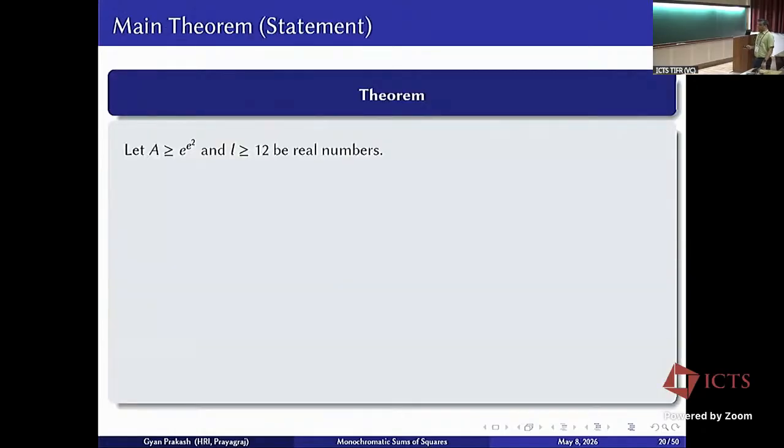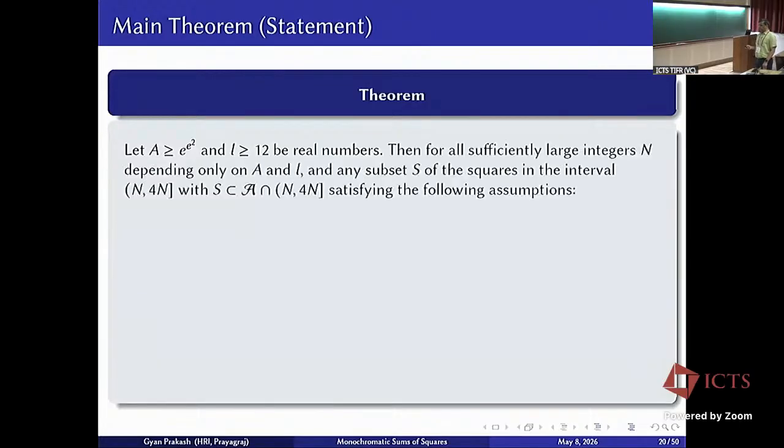So what is the theorem? What is the statement? Take A and L to be sufficiently large. Then for all sufficiently large integers n depending only on A and L, and any subset S of the squares in the interval n to 4n, with A being the set of squares intersected with n to 4n, satisfying the following assumptions.